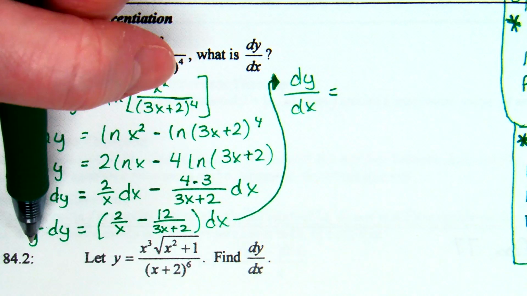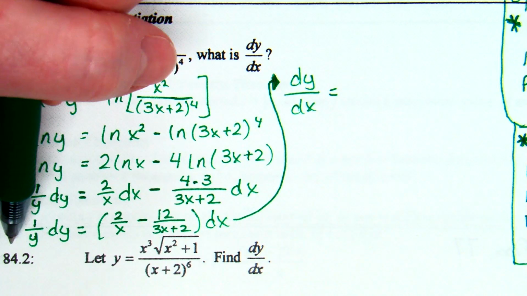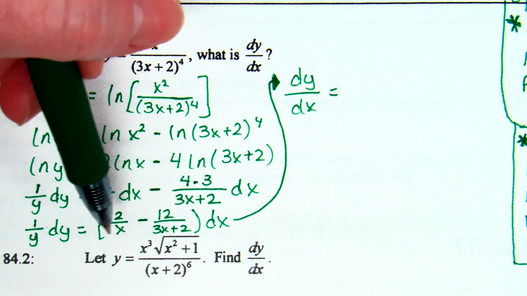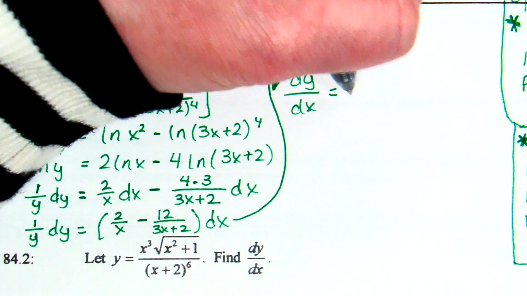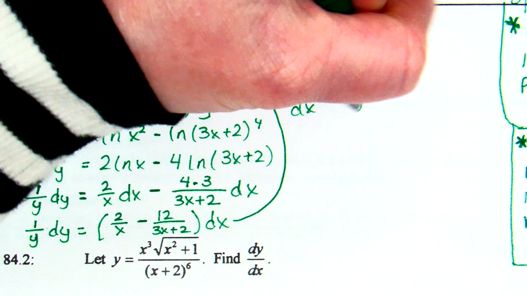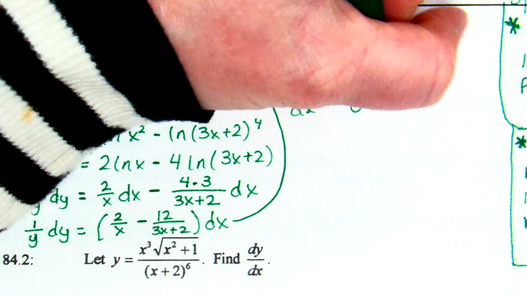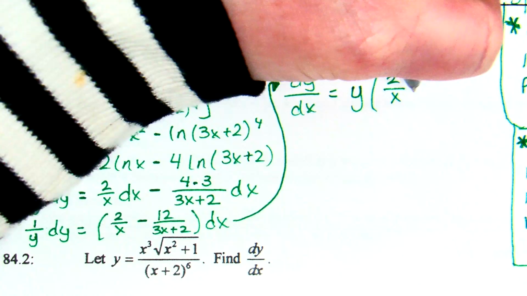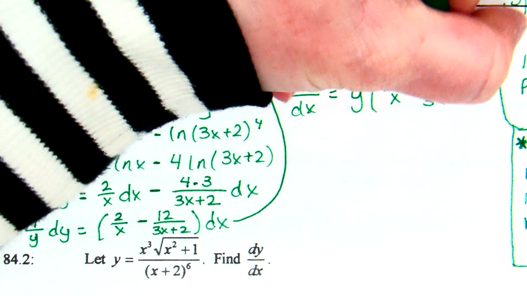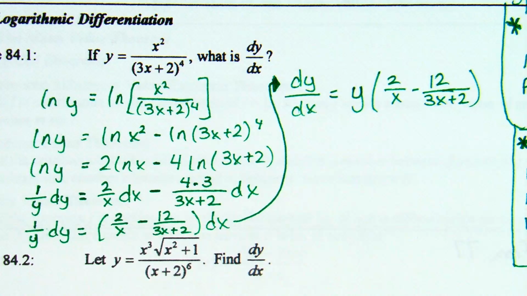How do I move 1 over y to the other side? Times by y, right? If you have y in the denominator, to get to the other side, I'm going to multiply the y over. So it's y times what was already there, the 2 over x minus 12 over 3x plus 2.